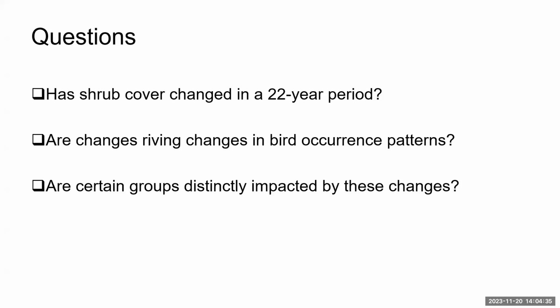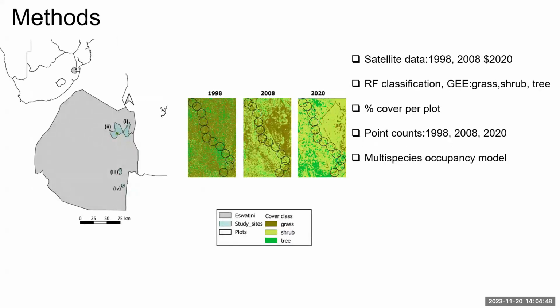Thirdly, we were interested in figuring out if certain groups of birds are experiencing those impacts more than others. So to do that, we collected satellite data in 1998, 2008, and 2020. We were specifically interested in quantifying the amount of grass, shrub, and tree cover in 48 plots that are located in 4 parks in Eswatini.